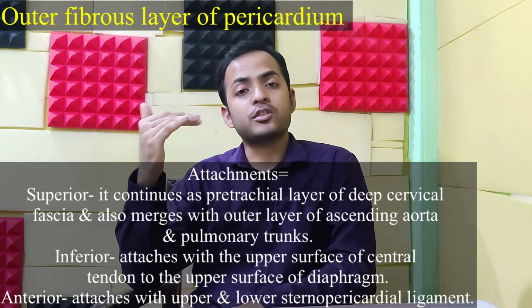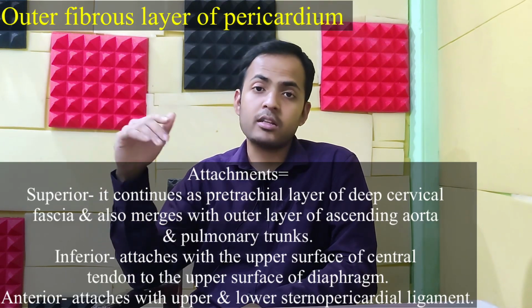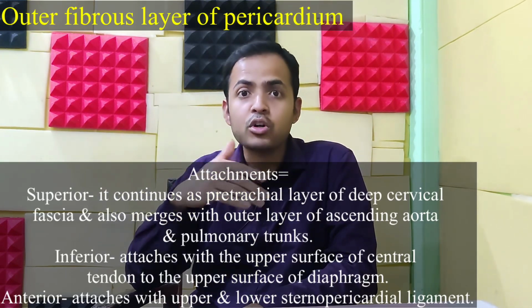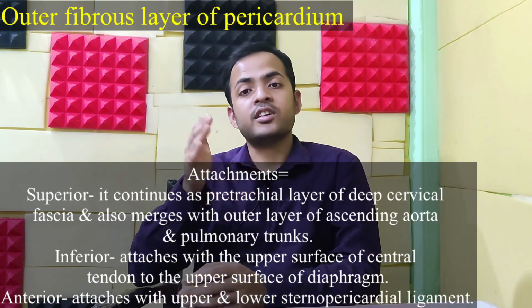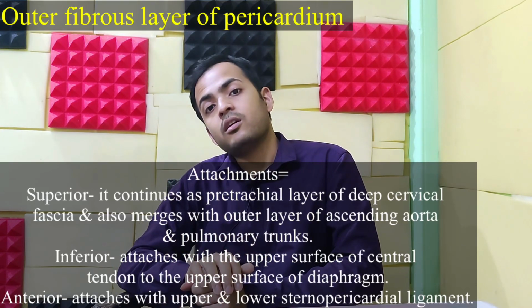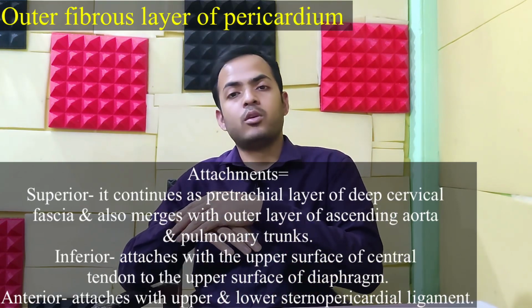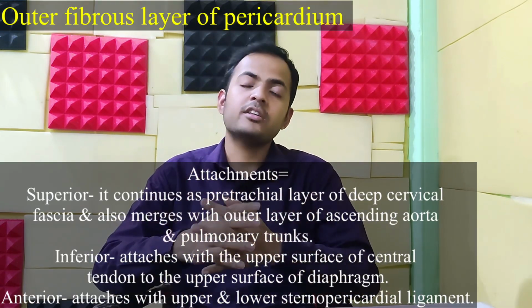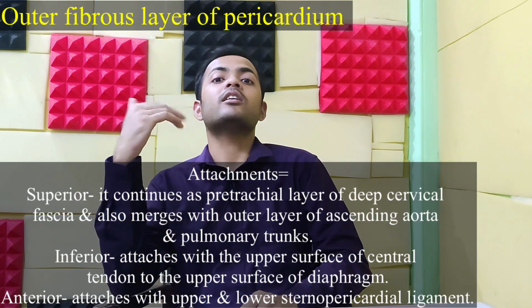Also, it merges with the outer layer of the big vessels, mainly the ascending aorta and pulmonary trunk. Inferiorly, it attaches with the upper surface of the central tendon of the diaphragm, I mean the upper surface of the diaphragm. Anteriorly, it attaches with the upper and lower sternopericardial ligaments.